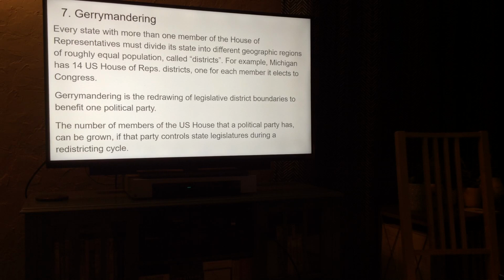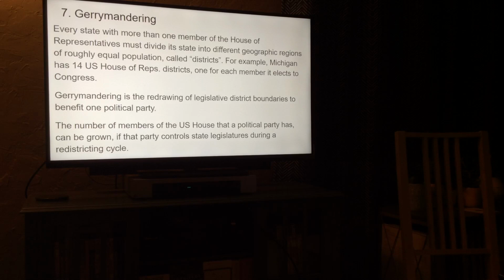And you can imagine that, okay, if you have to divide the state's population into 14 equal blocks, some of those blocks are going to be much larger, right? So there's parts of the state that are not very densely populated, like the Upper Peninsula. There's other parts of the state, like the Detroit area, that are very densely populated. And so these blocks are not going to be equal size geographically, but they're going to be roughly equal in population.